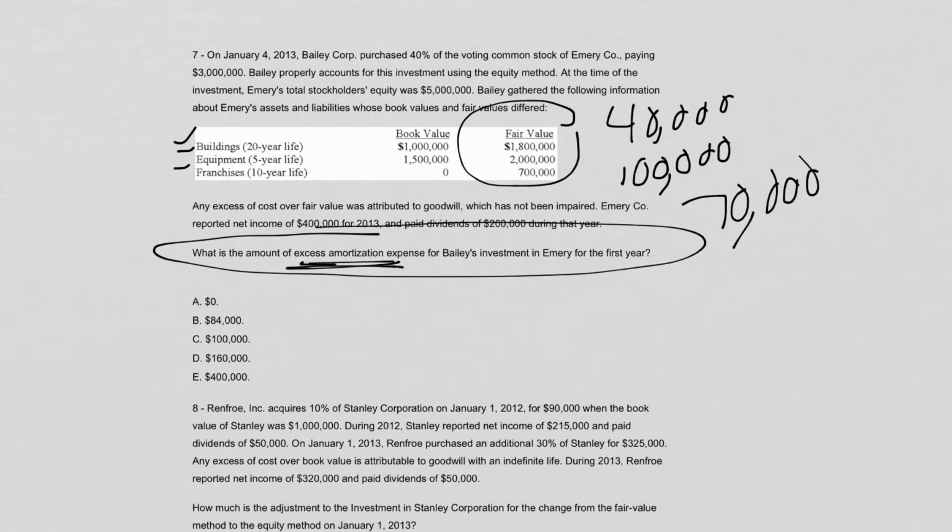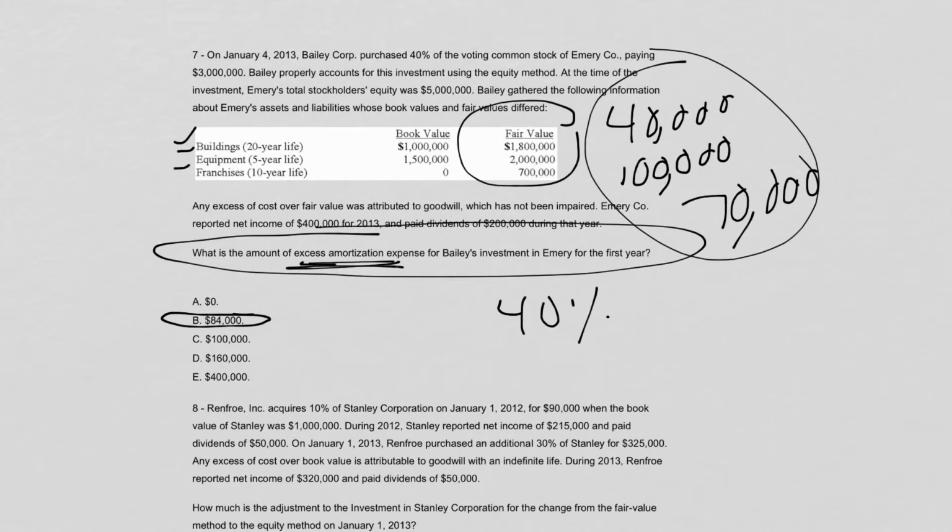Altogether, 40 and 100 is 140, and 70 makes it 210. At 40%, it's 84,000. Remember, always apply that percentage. These are the gross numbers. 40% is the amount to be applied, and that's the amortization for that.